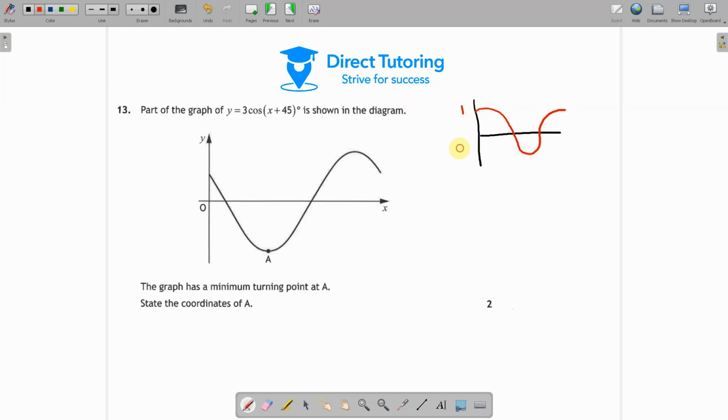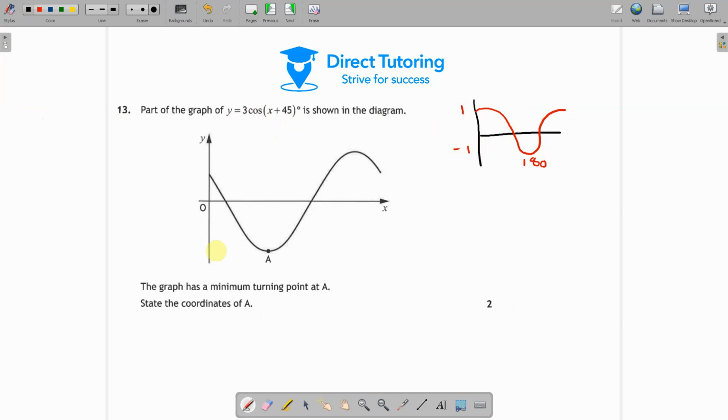So this is 1, this is minus 1, and this is 180. Now, all we need to know is what these numbers do to affect the key characteristics.